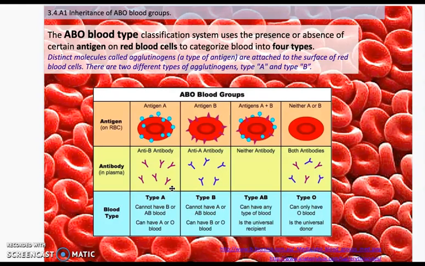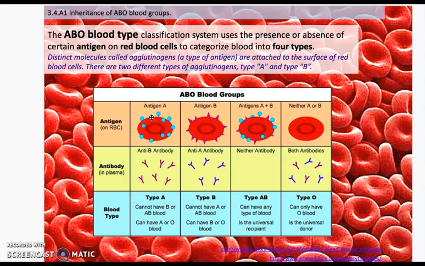And with each of these blood types, you also have things called immunoglobulins that are on the outside of the RBCs or red blood cells, okay? And so the immunoglobulins would be something like the antigens. And so the antigens are actually proteins that are out on the surface of your RBCs.